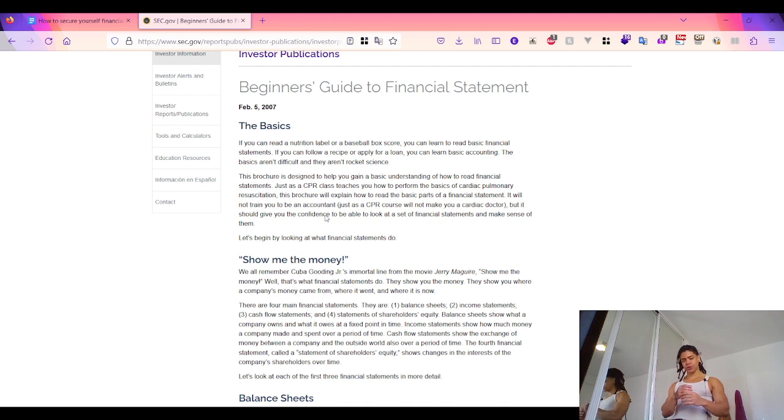So here we have, for example, stock-based compensation, amortization, or depreciation.